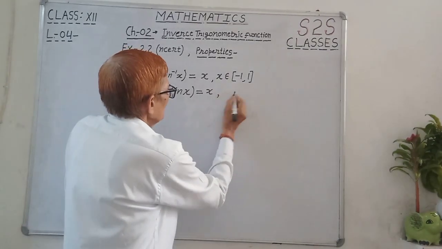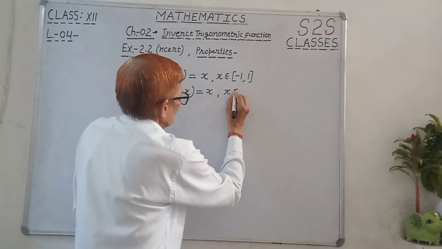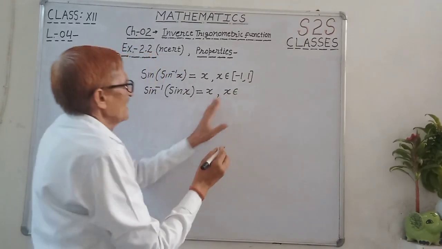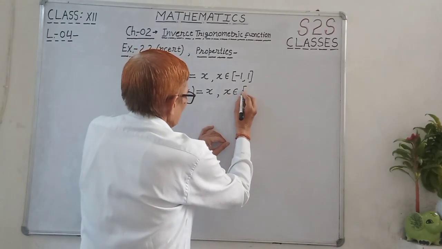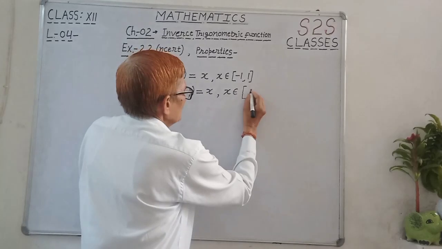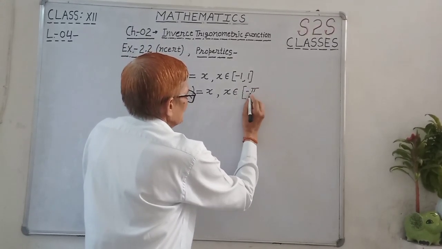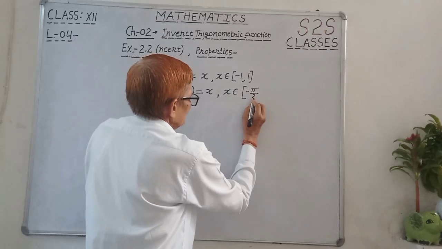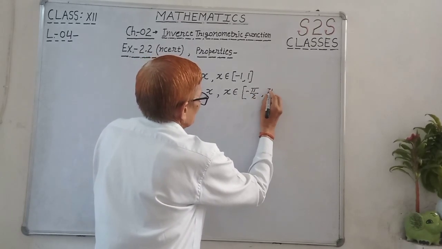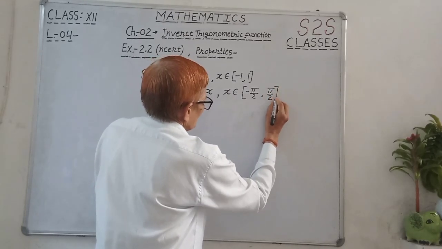So here x belongs to, x is the element, x will come in this branch. Which branch? The sine inverse branch, sine inverse output, that is -π/2 to π/2, closed.